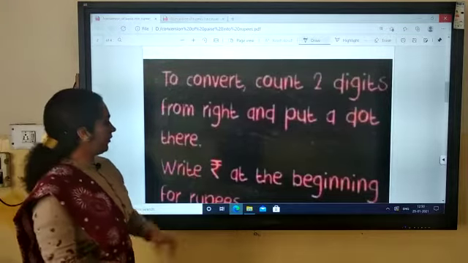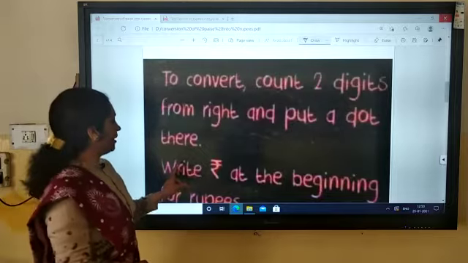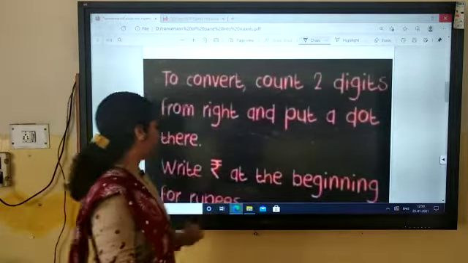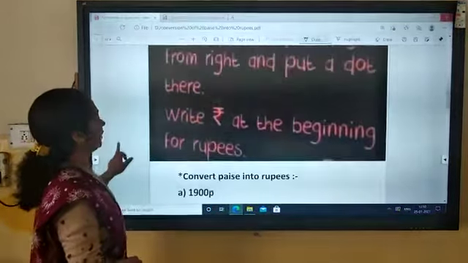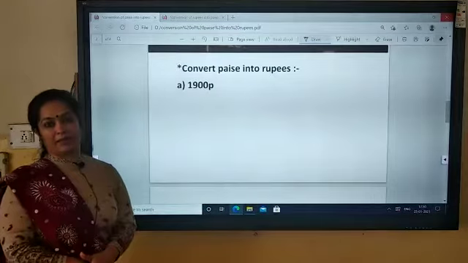After that, we put the rupee symbol at the beginning. We will solve the given sums with both methods.